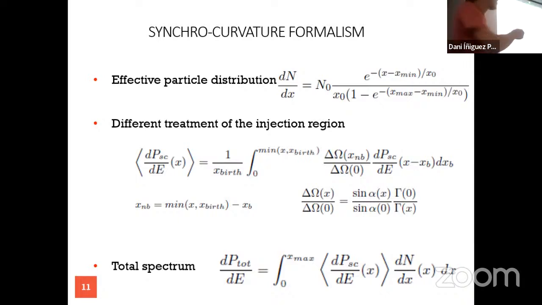And I forgot to mention about this N0, which is a normalization of the particle distribution that is simply a scaling factor and is found analytically. So when we convolve the spectra with these two weights, we obtain the total power spectra emitted by the whole region. So the total spectrum is this one, and this X0 is another of the three parameters.